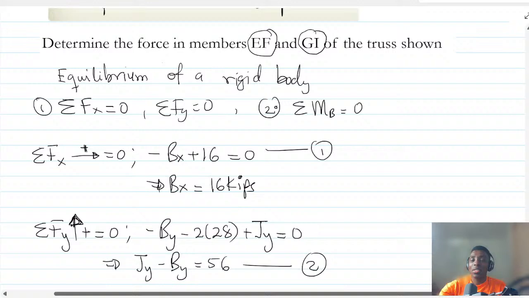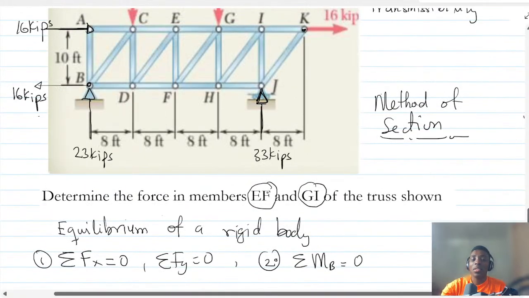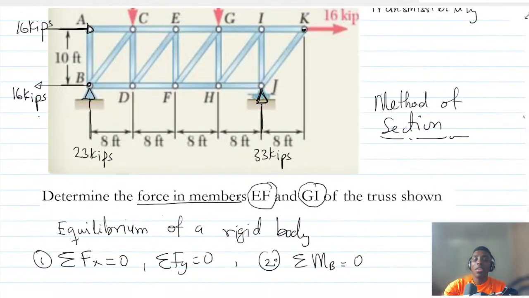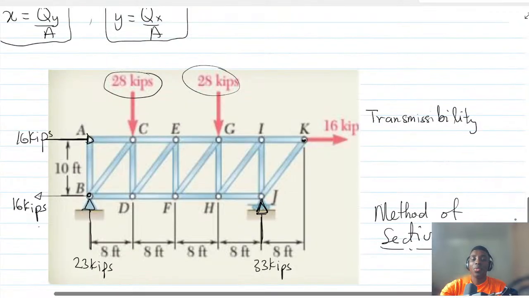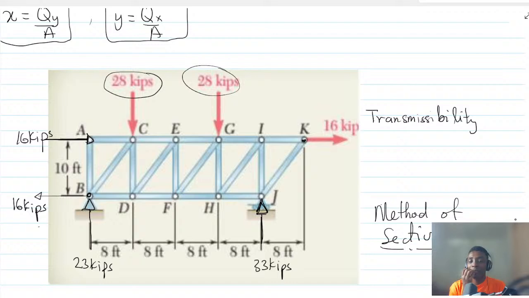If you cut less than 3 members, it will not be possible. And if you cut more than 3 members, it will not be possible. So all the time you have to cut through exactly 3 members. For instance, if you have been asked to find the force in member EF, you ask yourself, where is member EF? Member EF is this one.